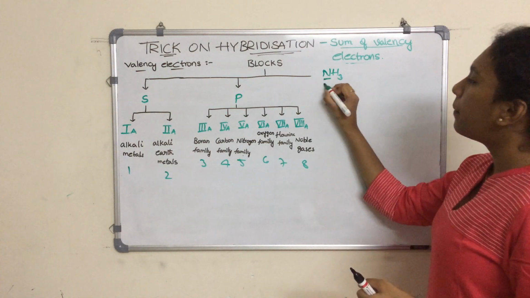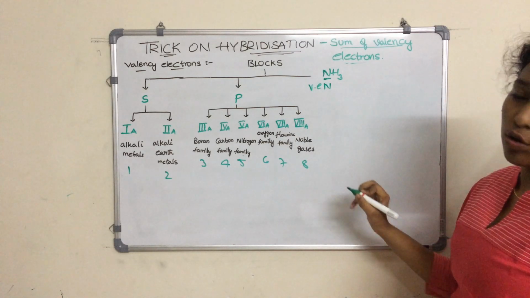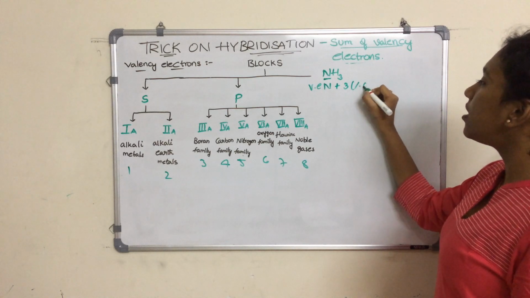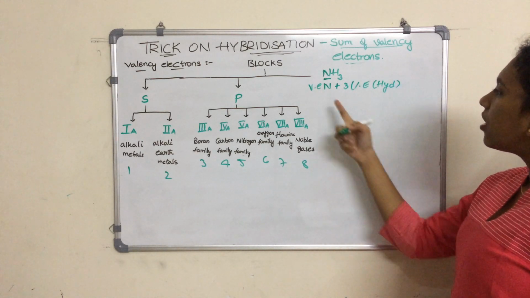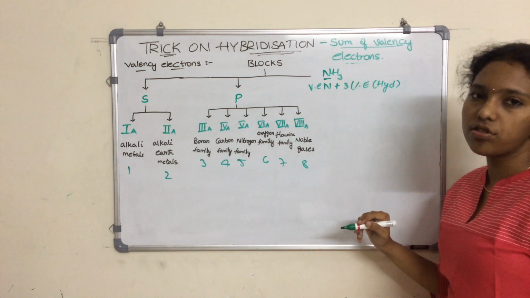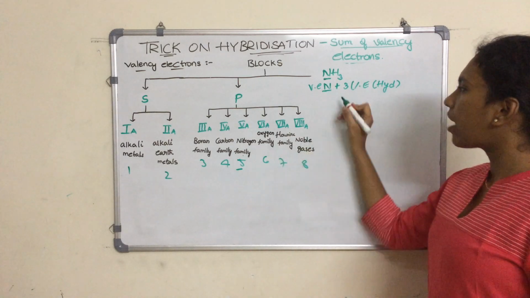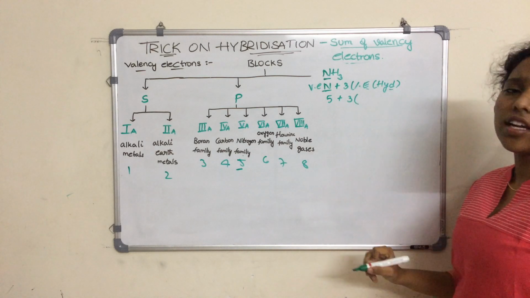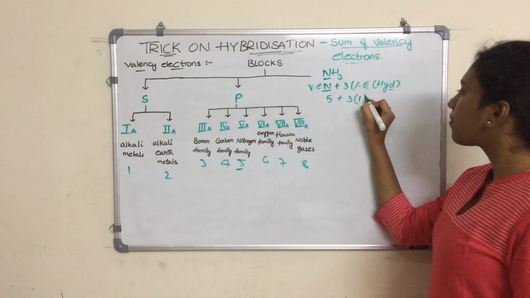That is the valency electrons of nitrogen plus 3 times the valency electrons of hydrogen. The valency electrons of the nitrogen group are 5, plus 3 times the valency electrons of hydrogen, an alkali metal, which is 1.